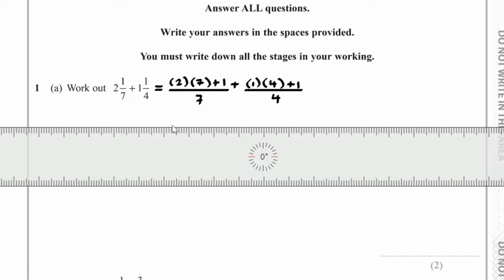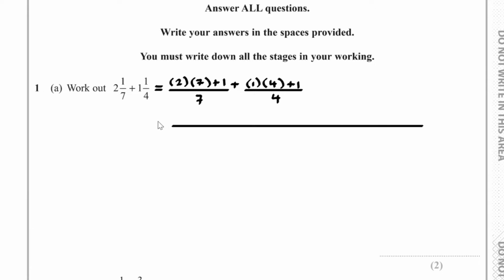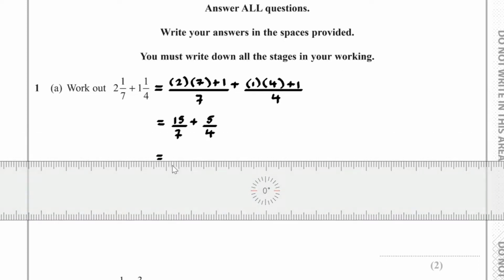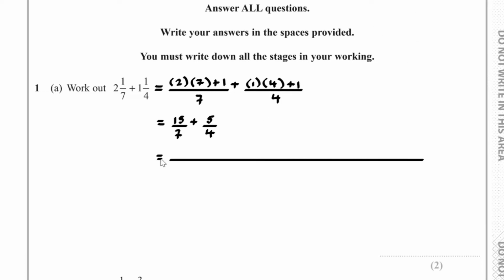And so if we work this out, well, 14 plus 1, that's 15. So I've got 15 over 7 plus, and here we have 5 over 4. We need to add, therefore, 15 over 7 to 5 over 4. And to do this, we can combine the fractions by rewriting them over a common denominator.